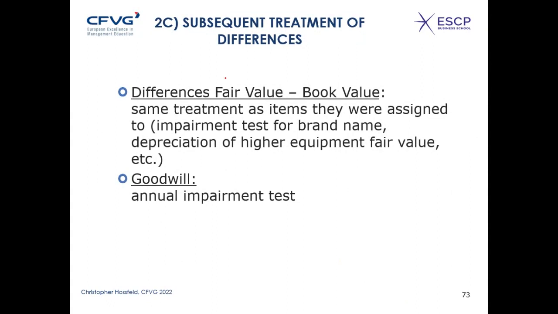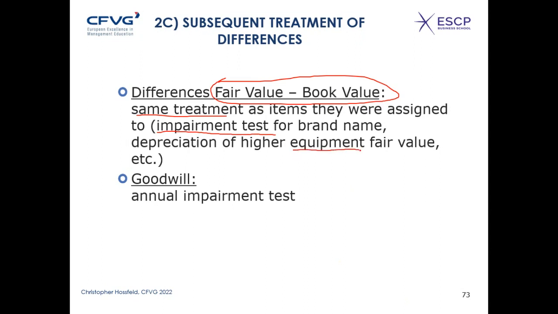The valuation differences that I have here, what do I do? I apply the same accounting treatment that I apply on the items they were assigned to. For example, we had a brand name. A brand name is not amortized or depreciated, but we do an annual impairment test to see if there's a loss of value compared to the value at acquisition date.